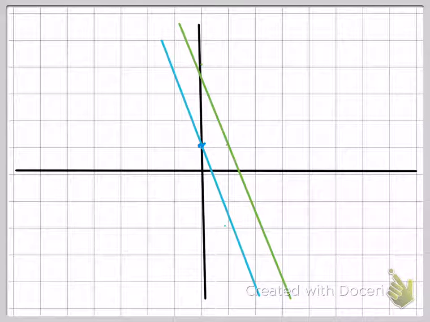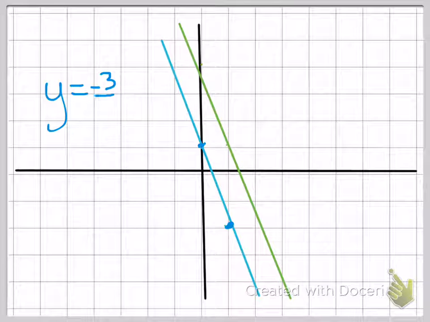Okay. I put a pair of points on there. Let's get somebody else involved. Peyton, what's the equation of that blue line? And since it's going down, it should be very good. And Peyton, where does that blue line cross the y-axis at?